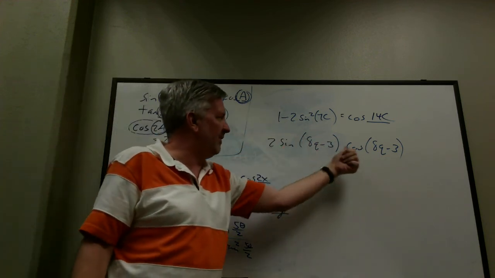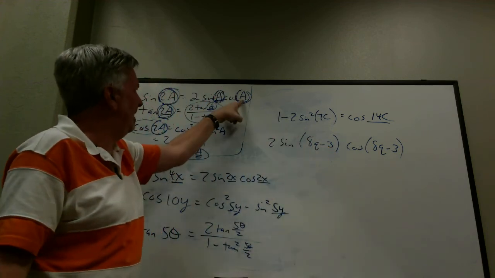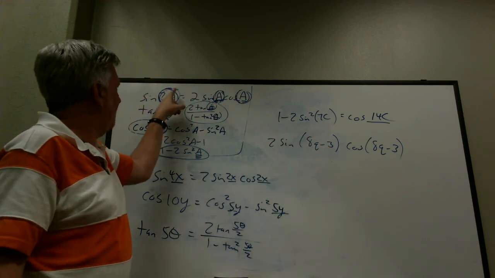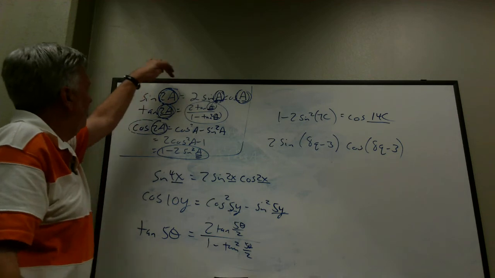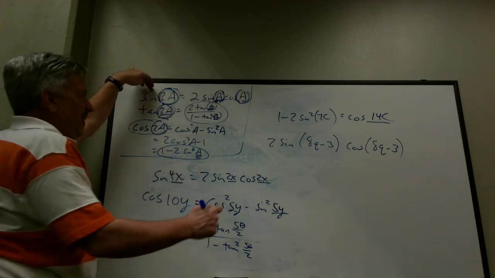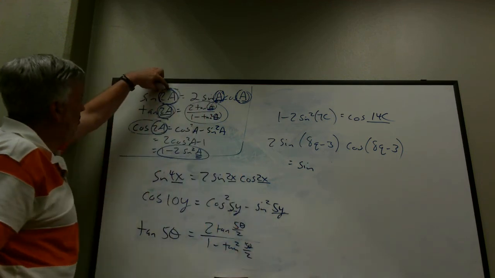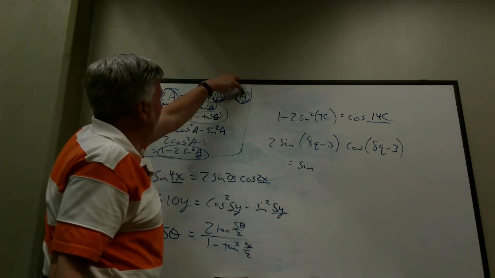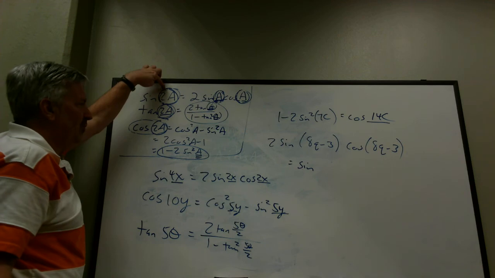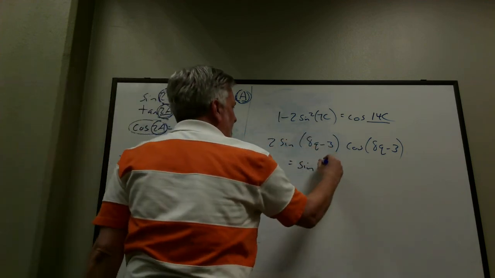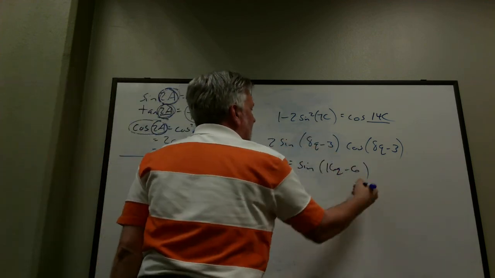Right? And those are the same thing. They have to be the same, a and a. So by this identity, something of that form can be written like this, sine of something else. So this is sine of some angle. Now what angle goes there? If you have a and a here, double the angle goes here. So double 8q minus 3 is 16q minus 6.